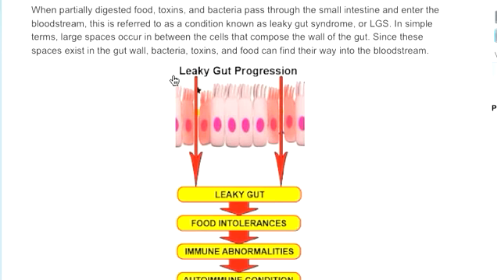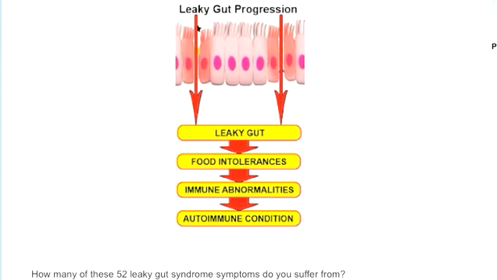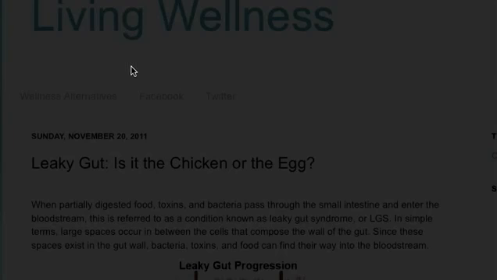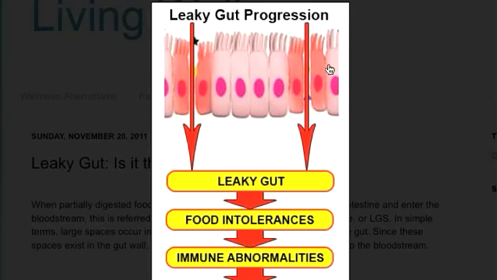Now, you can see this little diagram right here. Let me scroll down. Leaky gut progression. This right here is the actual membrane, the organ wall, the gut wall.